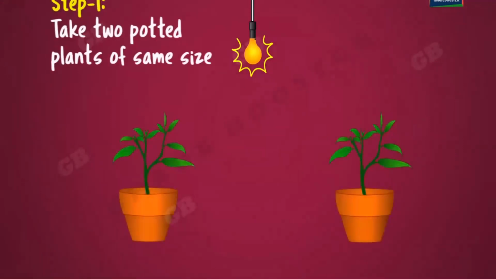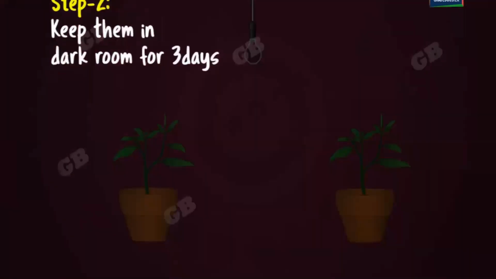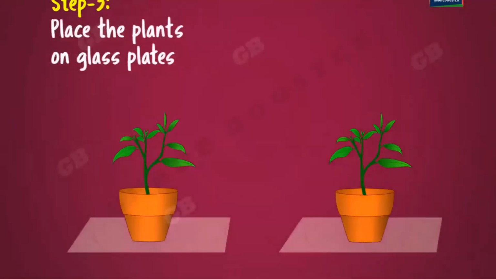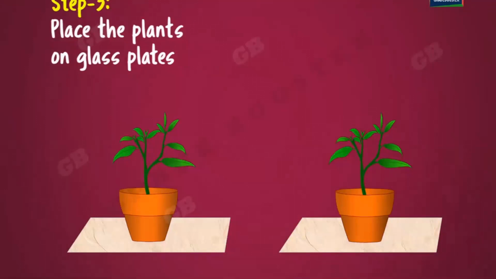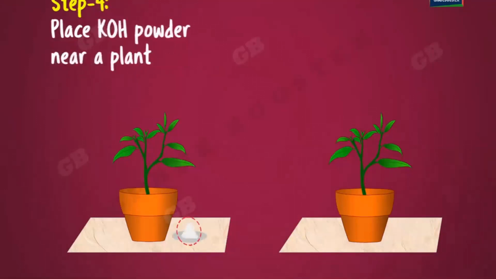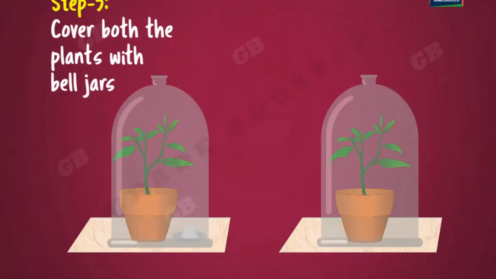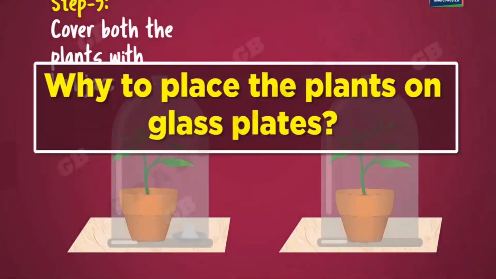We need to take two potted plants of the same size, and again keep them in a dark room in order to consume the entire starch which was reserved food material. Then we place them on glass tiles and place KOH powder near one plant, as you can see in the figure, and then place a glass bell jar over both of the plants.